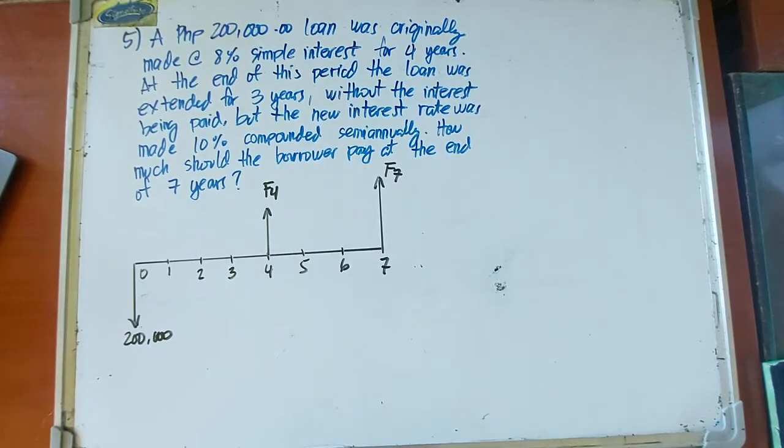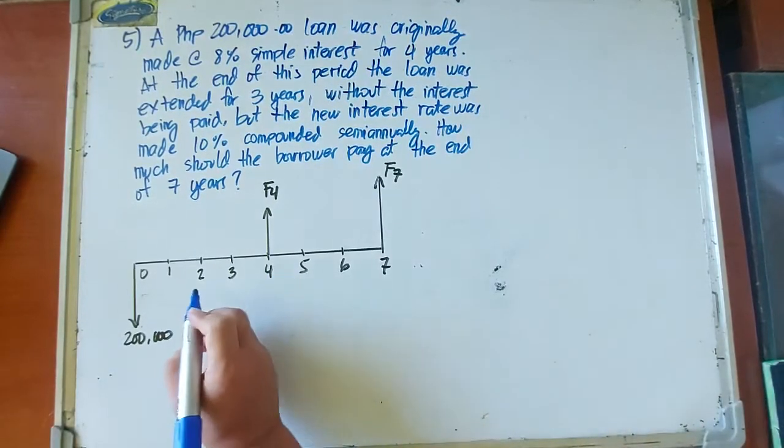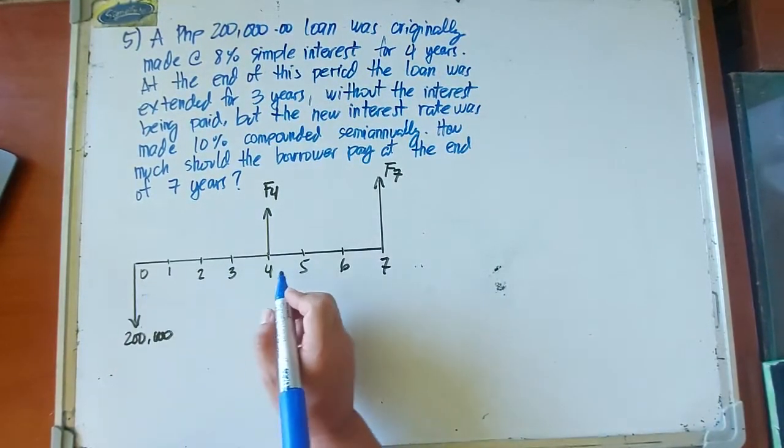For the first 4 years, it is simple interest.